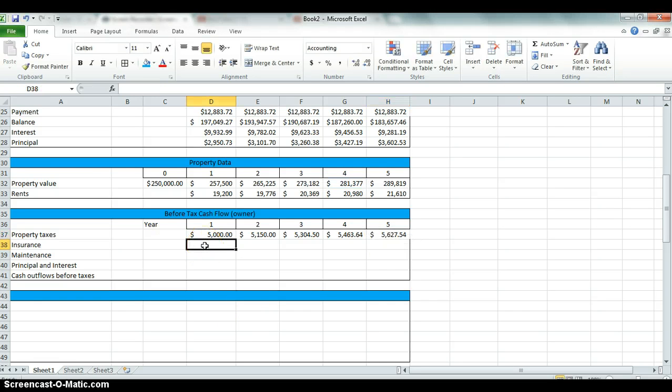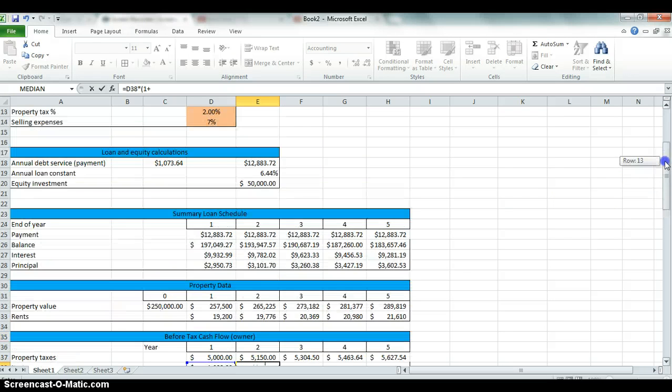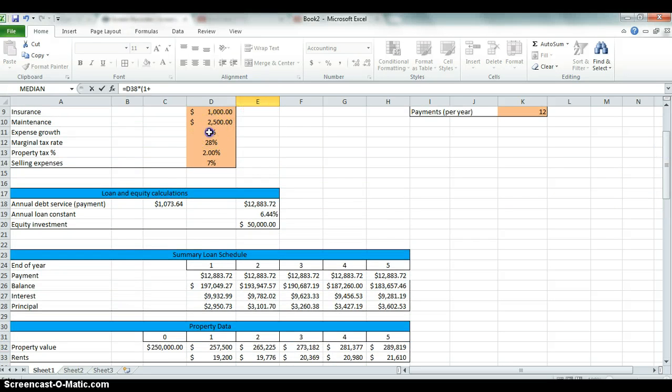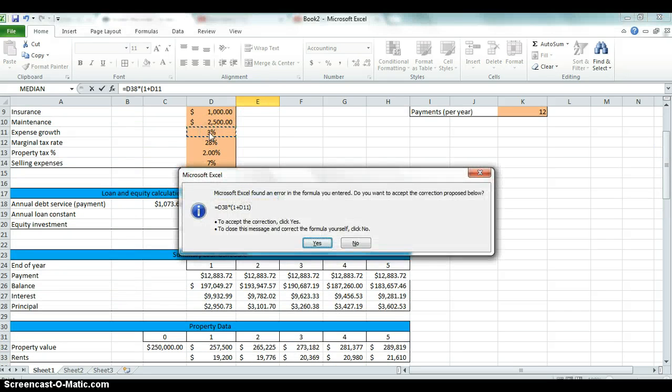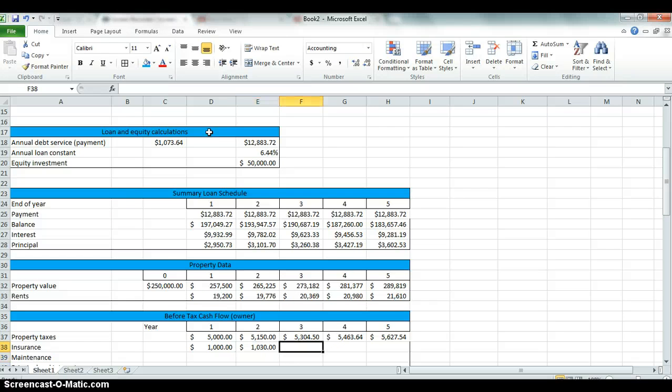Now for insurance, it was originally $1,000, and now for year 2 we're gonna do the original times 1 plus the expense growth, which in this case is 2%. Yes, and we're gonna keep going like that.